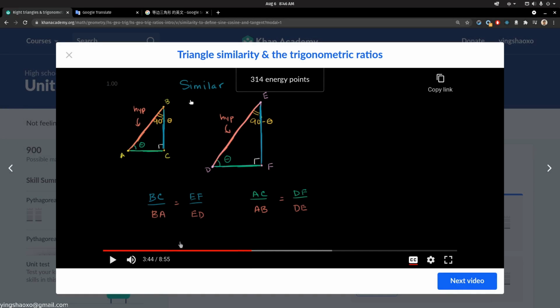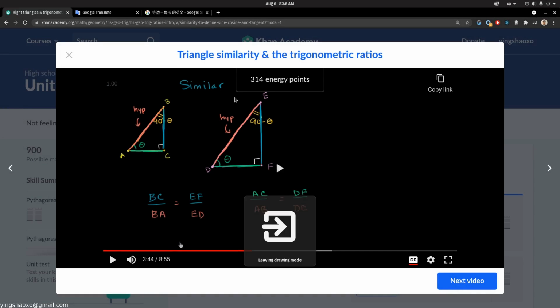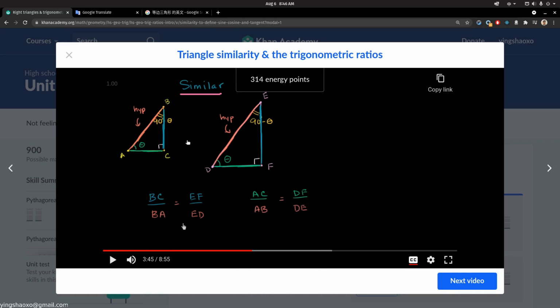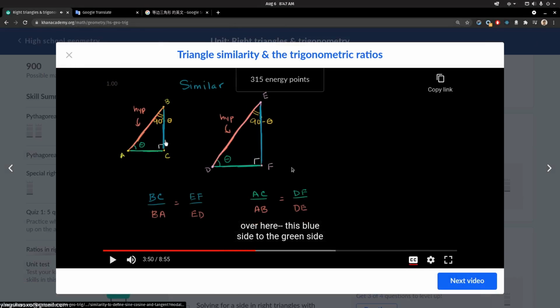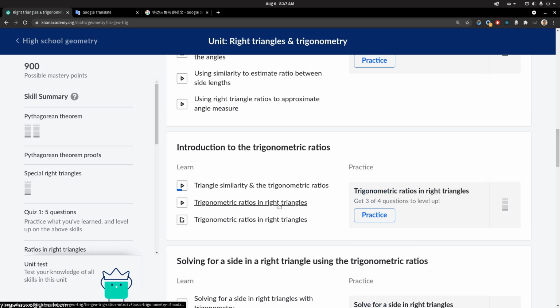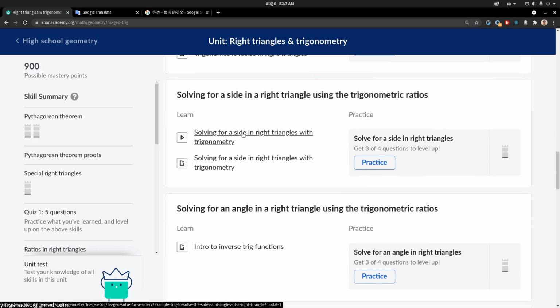In other words, if two triangles are similar, then the ratio between each of their corresponding sides is always the same. We could keep going, but I'll just do another one.